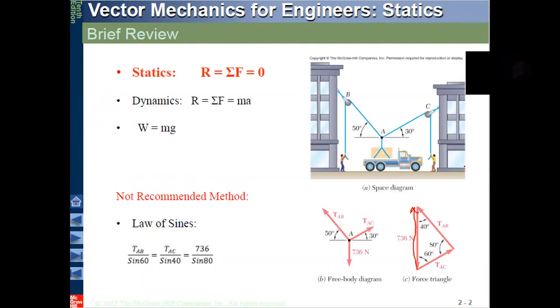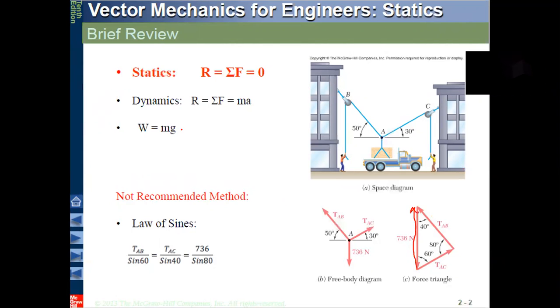We know that by Newton's second law, the resultant of all the forces equals mass times acceleration. So if the system is in a static case, then the acceleration should be zero. And this is what we are going to deal with in statics and mainly in the rest of this course.